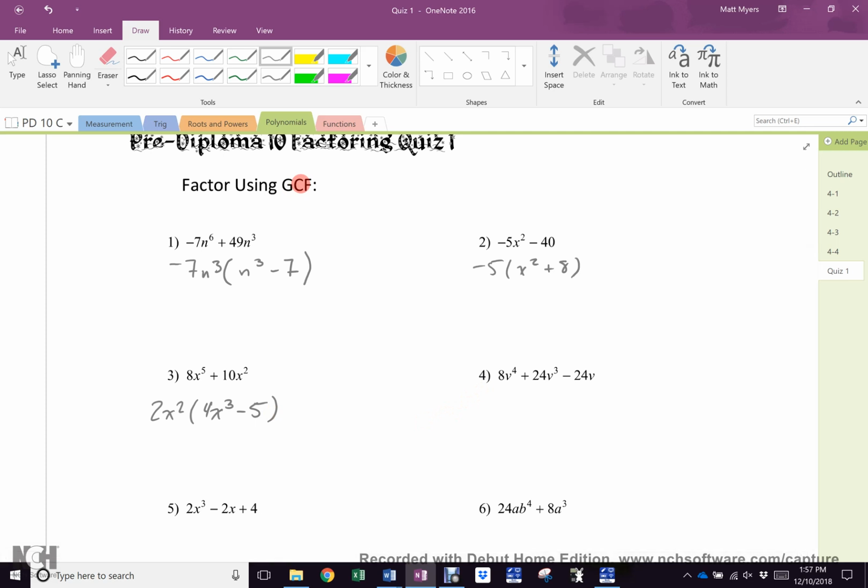But by convention, we remember we don't like a negative at the front of a bracket. If you left the negative in there, you may have your full credit because it is called the greatest common factor method. But indeed, you are not taking out the greatest factor because you don't want a negative inside brackets.